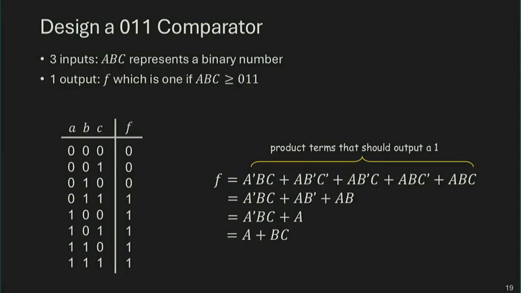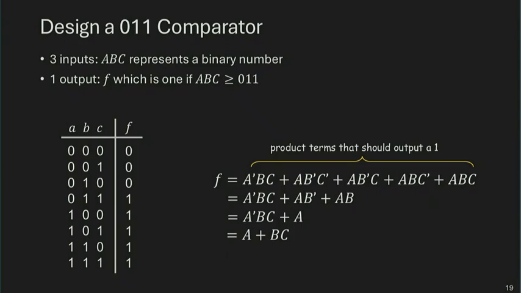All right. So starting with a design example. This is a 3-bit 011 comparator. You have three input bits, and when the magnitude is greater than or equal to 011, output is 1. That's how we convert a behavior description into the truth table and later on into a circuit implementation.